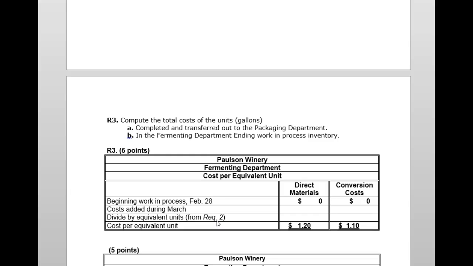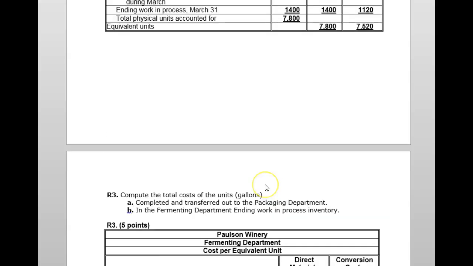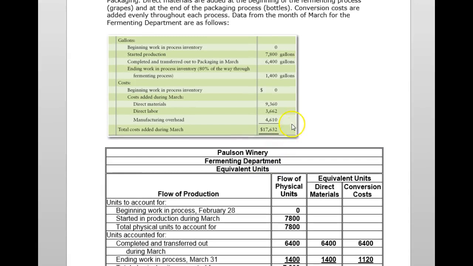And we find that by, if we come back up here, we have direct materials 9,360 and direct labor 3,662 and manufacturing overhead 4,610.